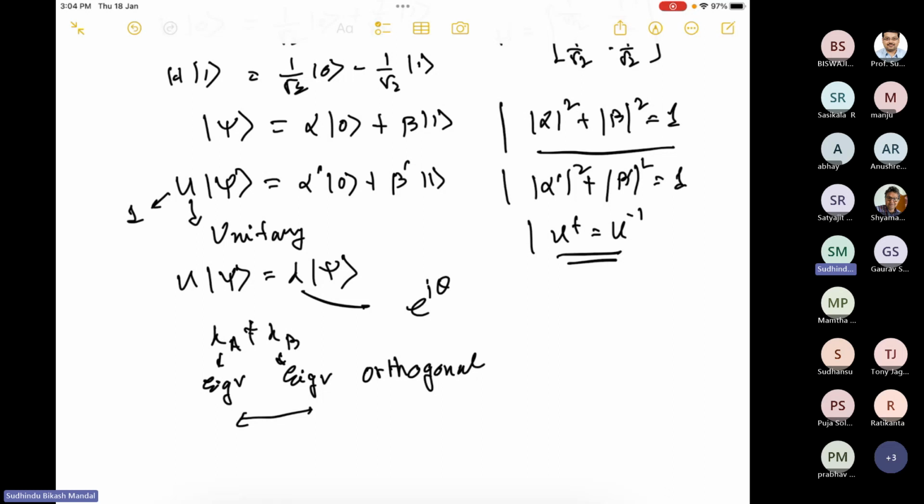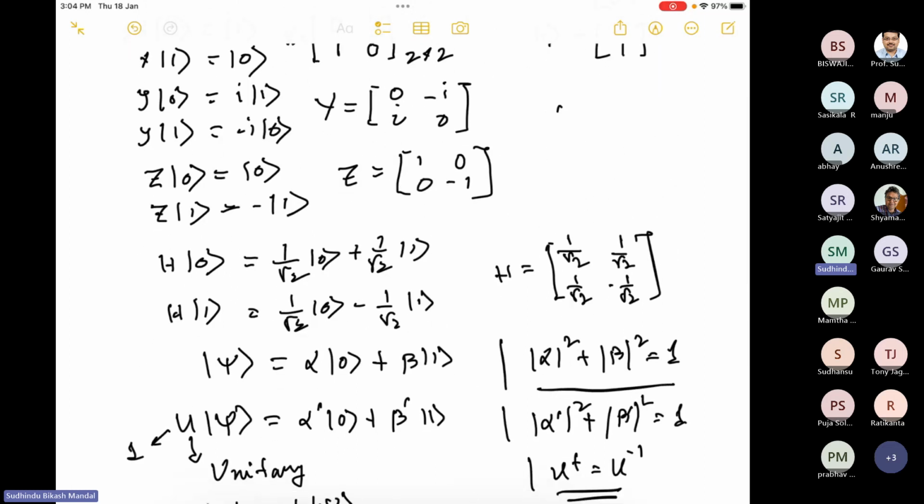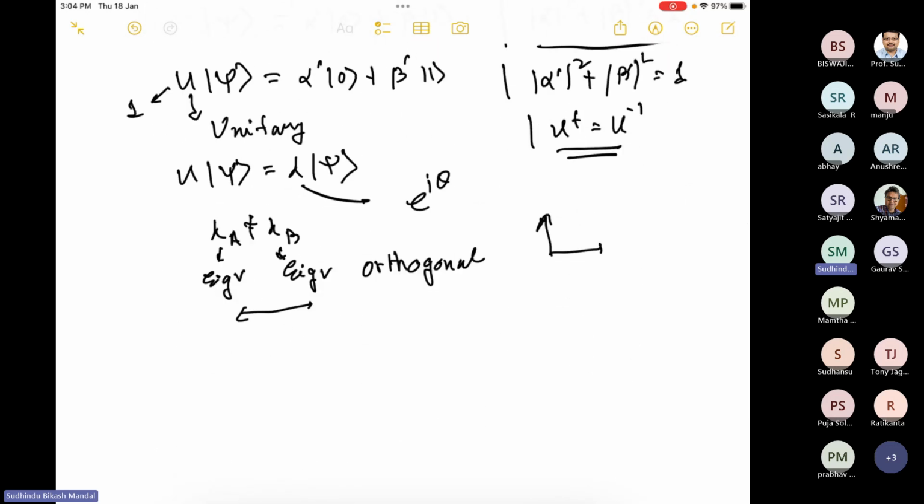And orthogonality means there is no projection, a 90-degree projection. Suppose I give you one example here. Take the Z gate as an example. If we apply Z over 0, it remains 0.